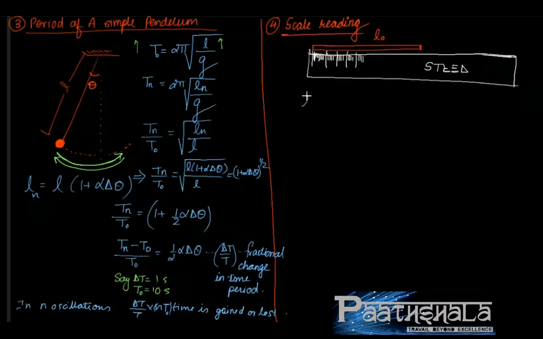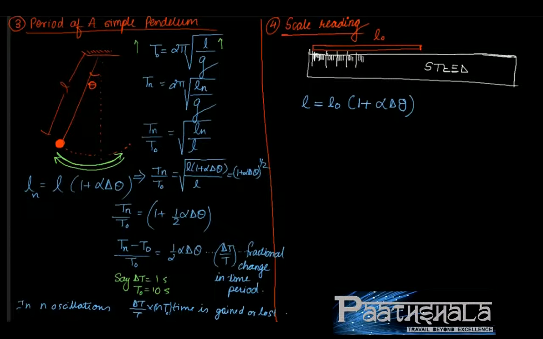So what we get is the new length of the rod is L0 (1 + alpha delta theta).